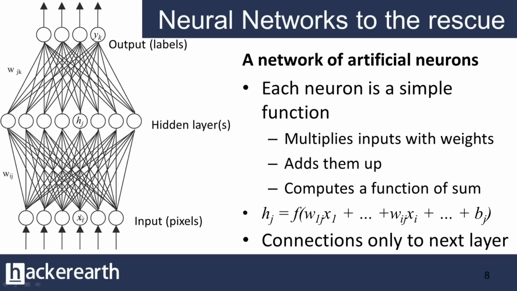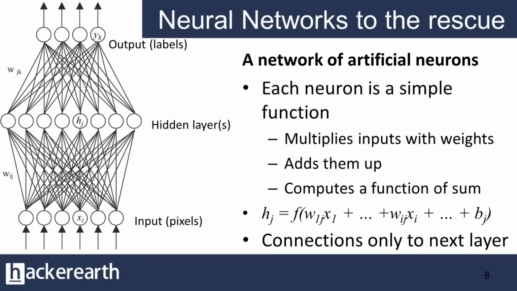So for example, if you look at this input xi in the input layer, this xi is multiplied by a weight wij, the weight from i to j. And that is, if you look at the equation on the right, this multiplication, wij times xi. So you would do that for all the inputs, and you would add some constant, and you would pass it through some function f, and that would be the value that this node hj computes.